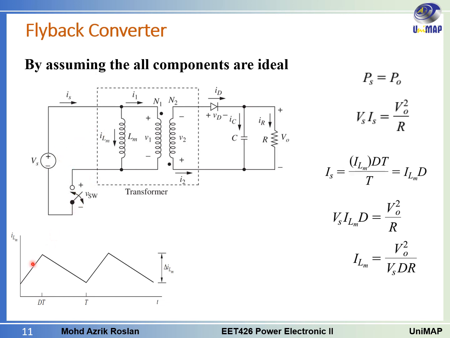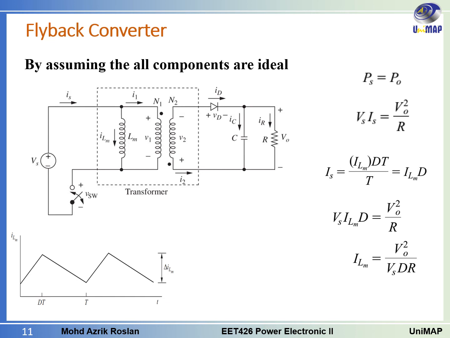So you know that this is the waveform for ILM during the complete cycle, when the switch is on and when the switch is off. Is only occurs at this part here, when the switch is on. So when we want to relate the Is and ILM equation, it will be like this.